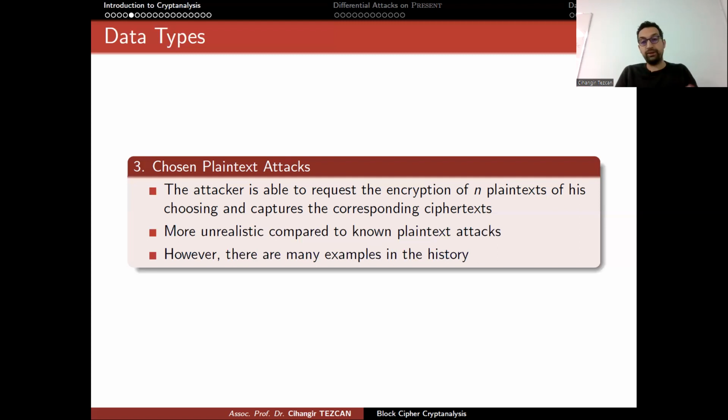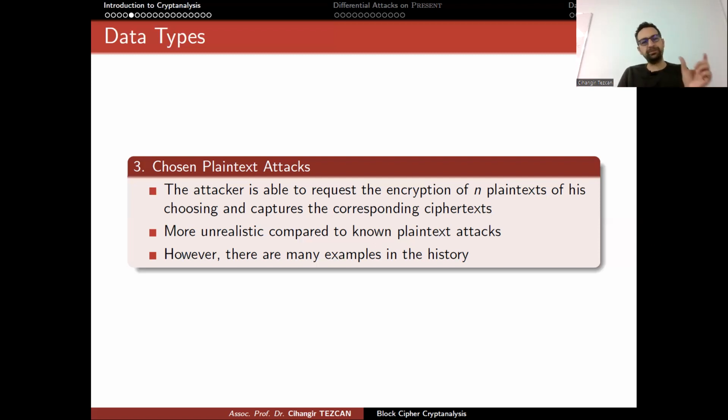So actually, you might ask why I need to choose plaintext. For instance, if your attack requires input with low weight, which means many zeros and a small number of ones, then you may need to choose your plaintext. But in practice, generally, we talk about chosen plaintext attacks when we talk about differential cryptanalysis.